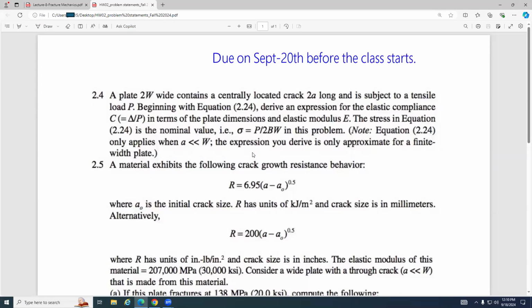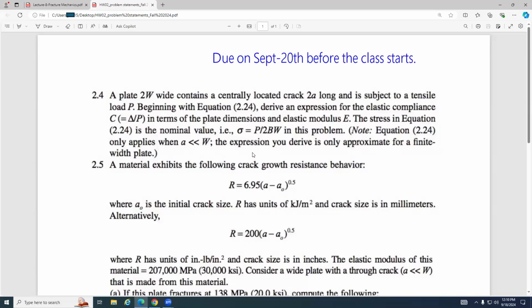But usually in engineering applications, as long as the plate is big enough compared with the crack length, we still think this holds. Good question. So this is our first problem.